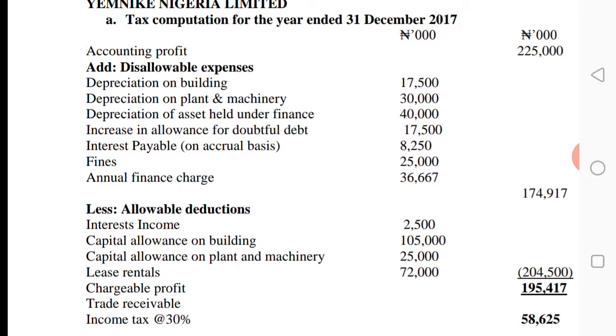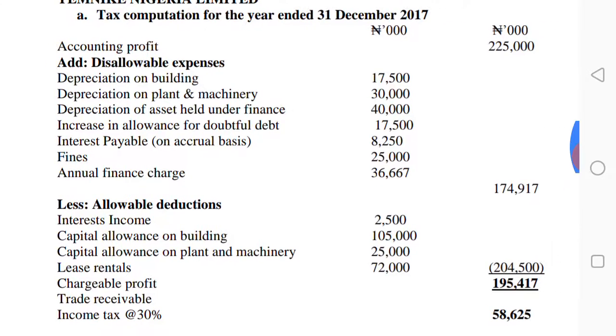So that is also added back. This interest payable, because it's on an accrual basis, it's not a cash item, so we add it back. The annual finance charge is the interest on amortization, so we add it back. The total is 174,917,000. So we add it back.